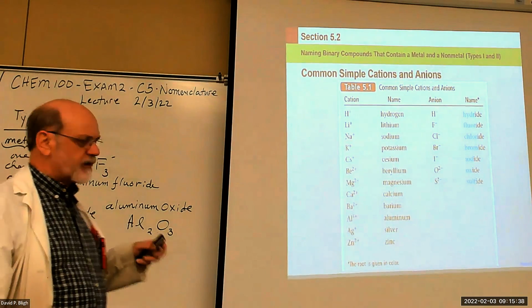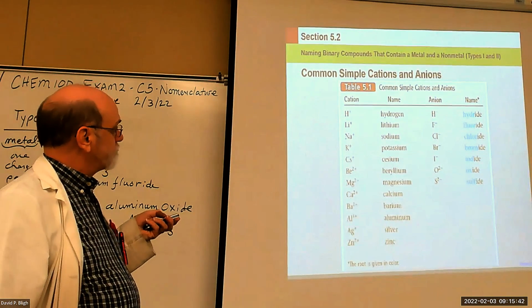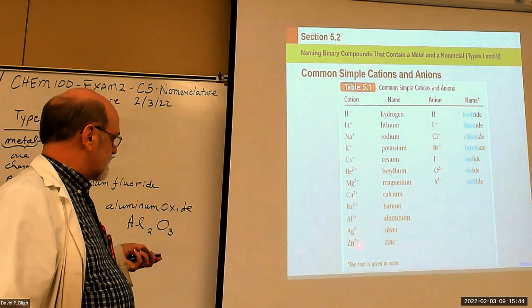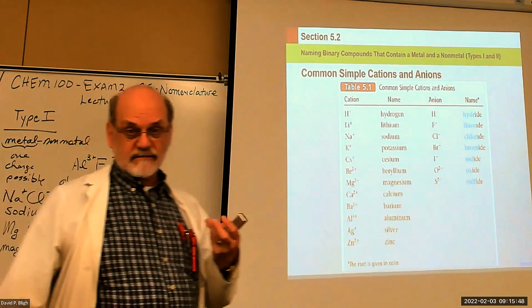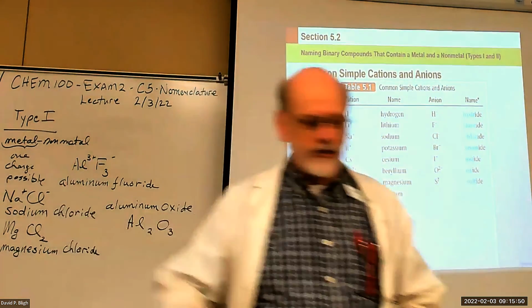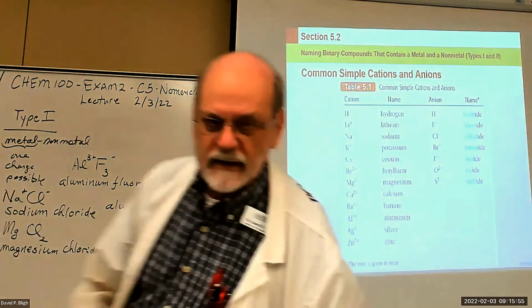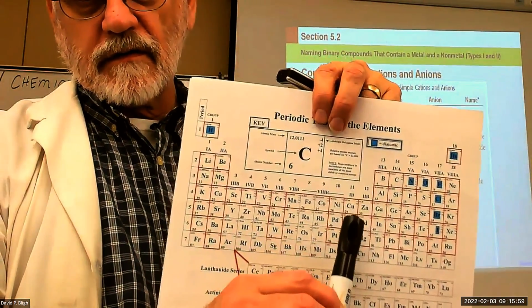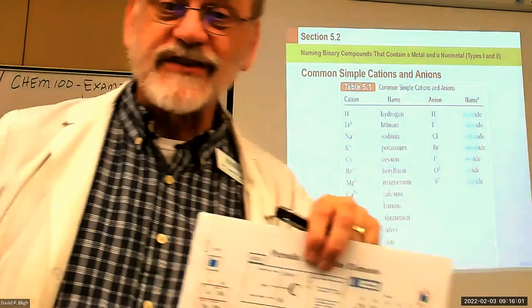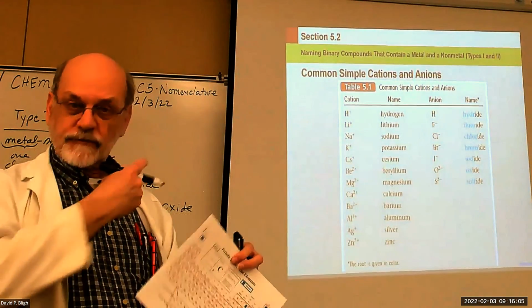Okay, you'll notice also that there's some other fixed charges in here. Let's see, zinc. Well, I can't show you the big periodic table, but I'll grab this little one. Zinc is right over here. It's a transition element, but it only has 1 charge, so it fits that group.